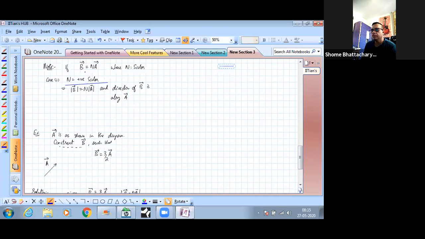So if b is equal to n times a, where n is a positive scalar, then what happens? The magnitude of b is n times the magnitude of a, and the direction of b is parallel to a, or it is along a. Parallel to a is the same thing as along a. So this is the first part, if it is a positive quantity. Okay. So the example of this is over here below.